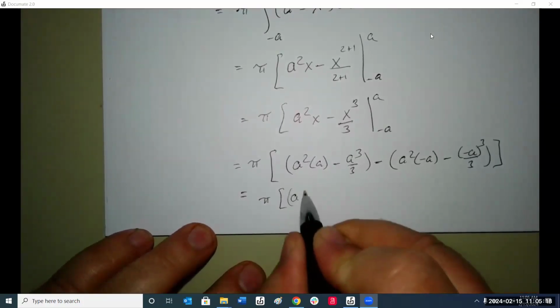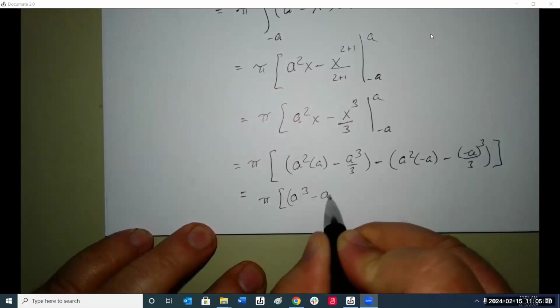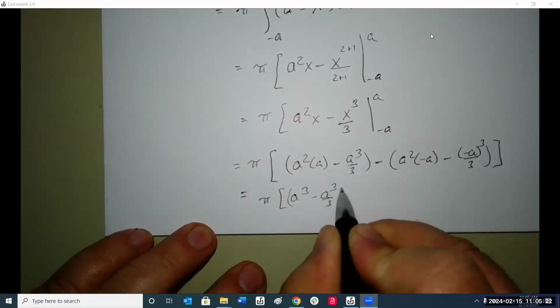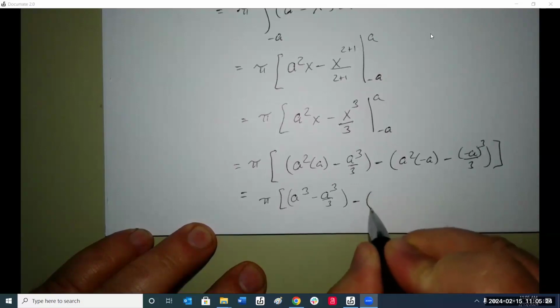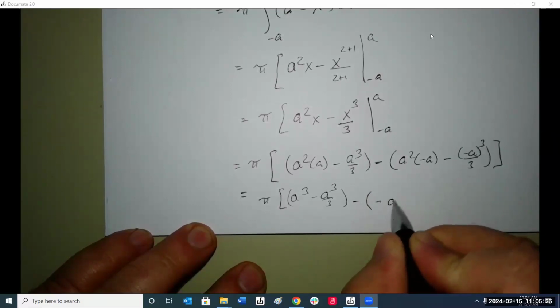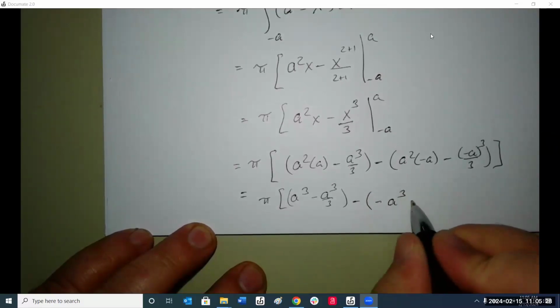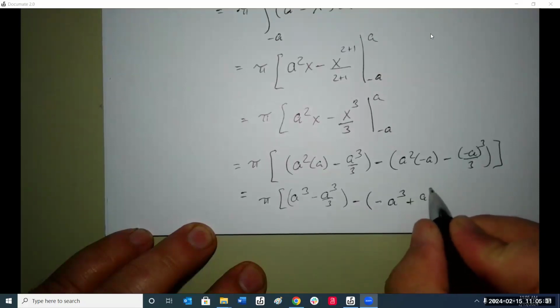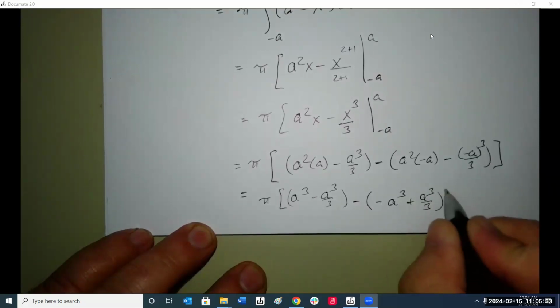So it's a cubed minus a cubed over 3, minus negative a cubed, plus a cubed over 3.